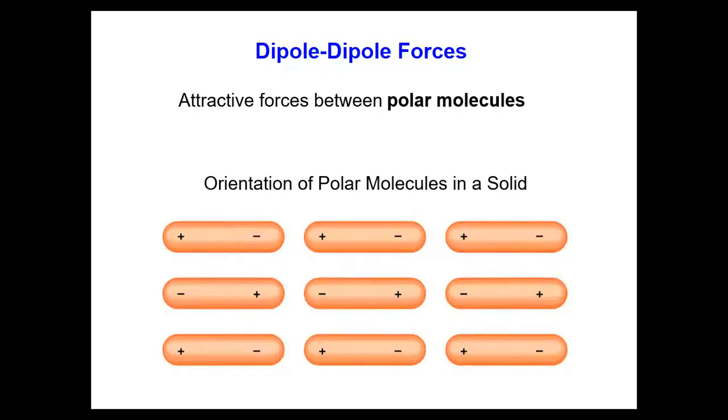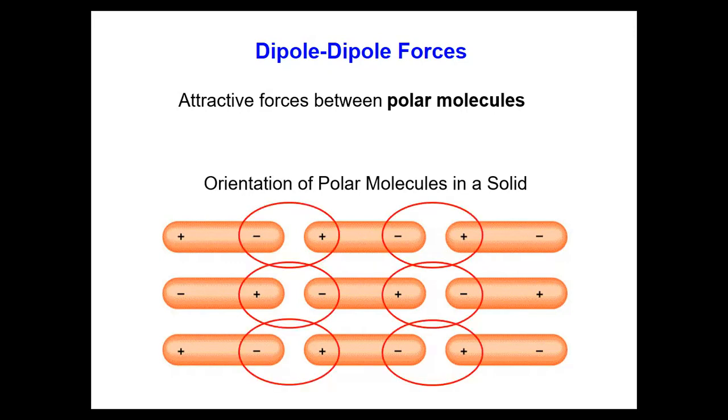And those partially positive, partially negative ends are all attracted to each other. And that holds those molecules together. And in a lot of cases, this will end up making the polar molecules a solid or sometimes a liquid. So that's a dipole-dipole force, which is another type of van der Waals force.